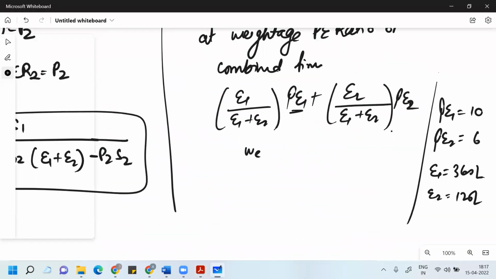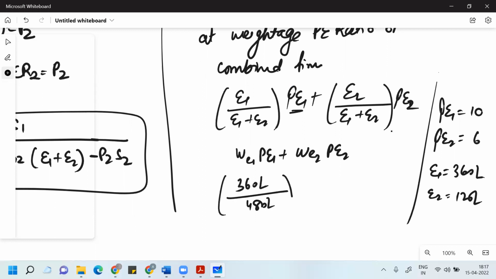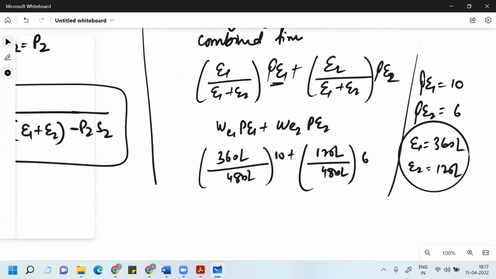So you need to find the weight of earnings of 1 into PE of 1 plus the weight of earnings of 2 into PE of 2. So earnings of 1, 360 divided by 480 into 10, plus 120 divided by 480 into 6. You can understand the combined earnings will be 480.